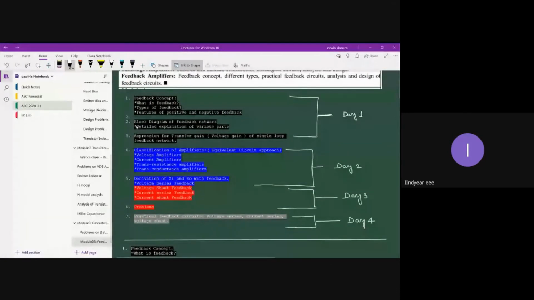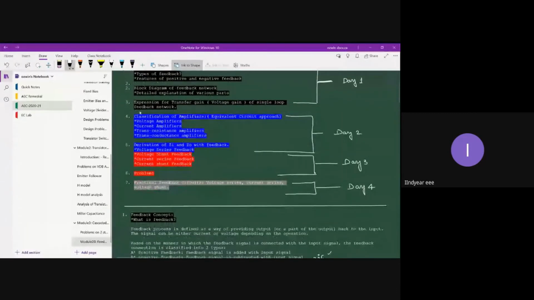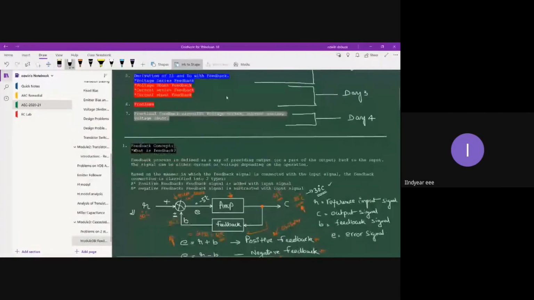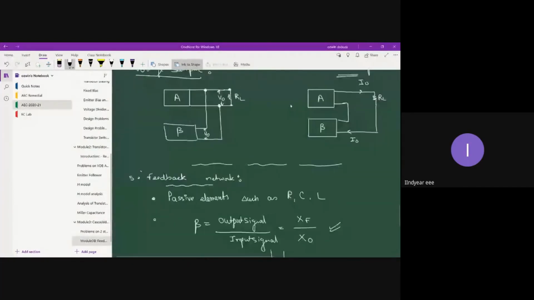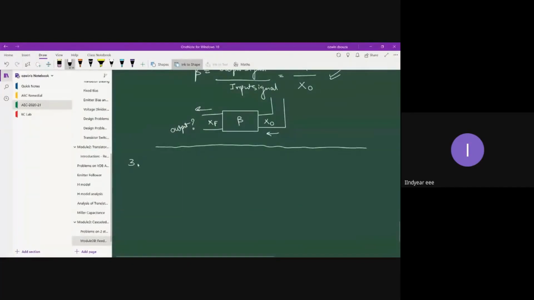So we are done with the block diagram as well. Finally, let us take up an expression for transfer gain. The third part is expression for transfer gain. Quickly, let me construct the block diagram.